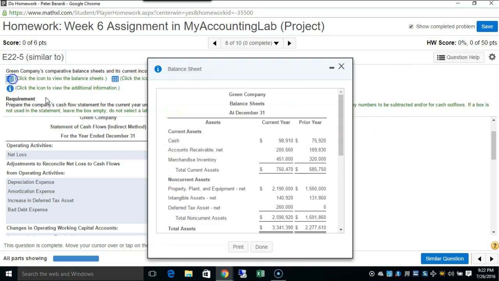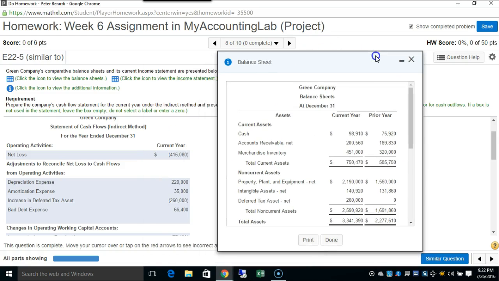Then we're going to go to our balance sheet. We incurred a deferred tax asset. If you remember, under the income taxes chapter, we did our deferred tax assets and deferred tax liabilities.